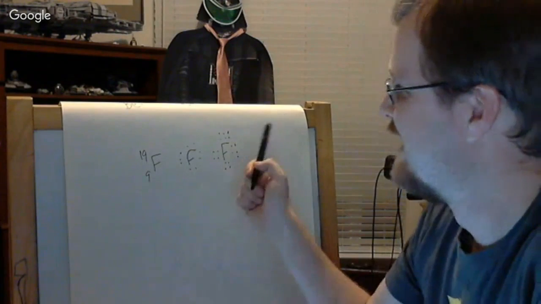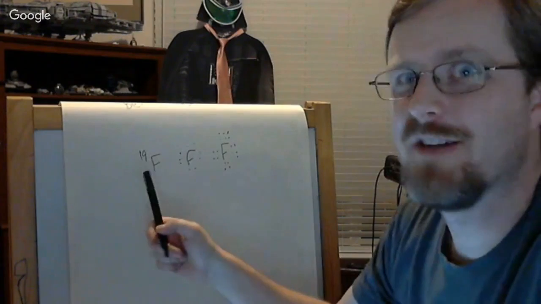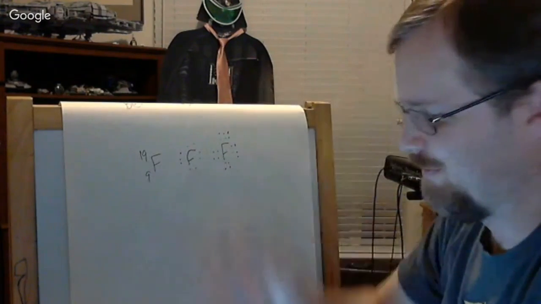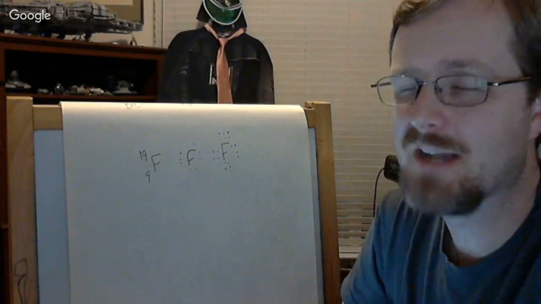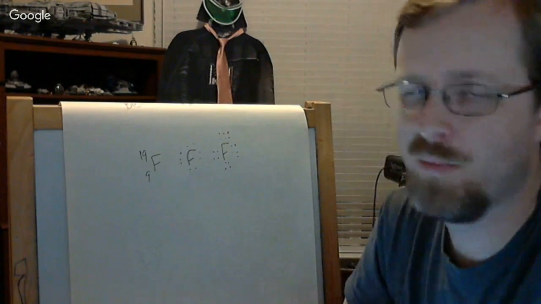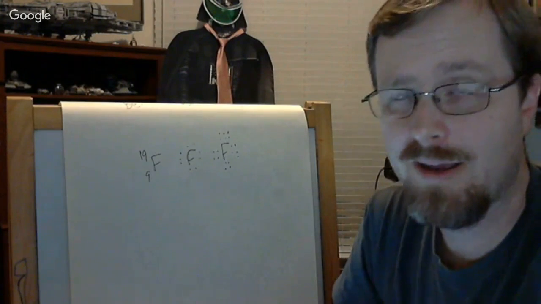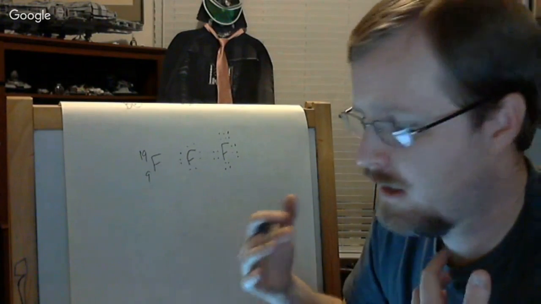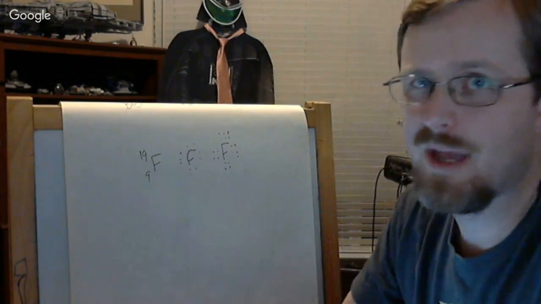Well, because they looked at this number right here and said, oh, therefore that's how many dots there should be. And they just started putting dots everywhere. No. The maximum number of dots you can ever put on an E dot structure is 8. Why? Because the valence shell fills out and maxes out at 8.